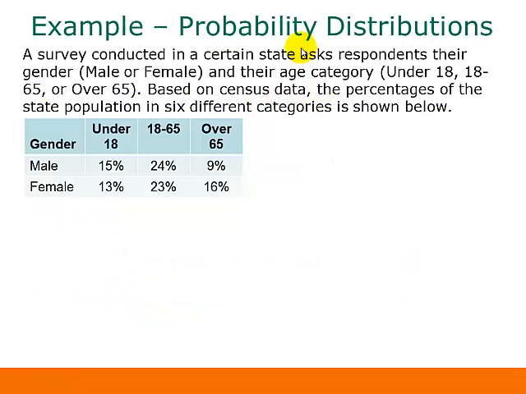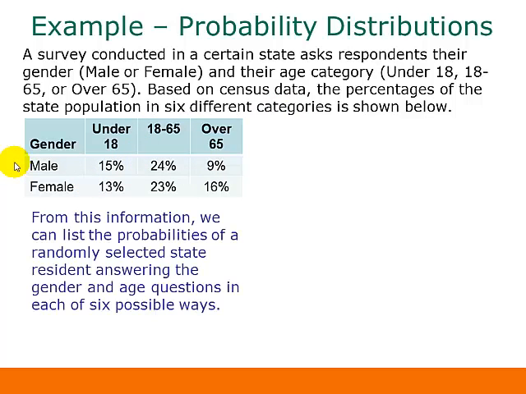Here's an example. A survey conducted in a certain state asked respondents their gender, male or female, and their age category. Based on census data from this state, the percentages of the state population in the 6 different categories are in this table.